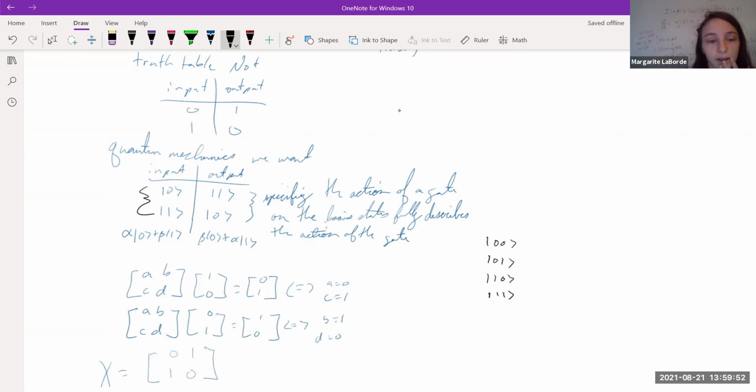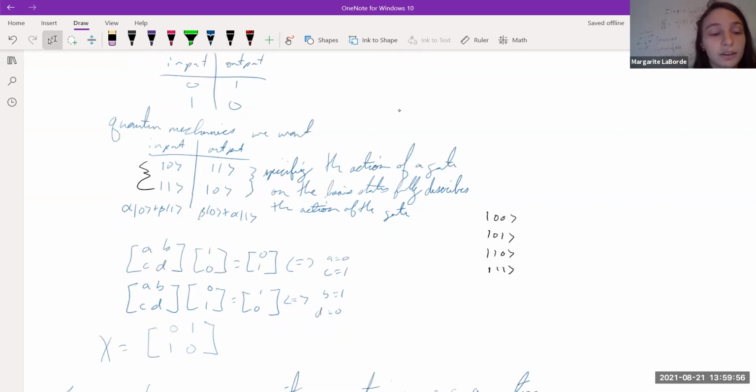But for a single qubit gate, 0 and 1 suffices. And then you can specify the action on any arbitrary state by combining these 2, essentially. So if I have some arbitrary state given by alpha 0 plus beta 1, the NOT gate will essentially switch those 2 amplitudes, which you can quickly check for yourself makes sense.